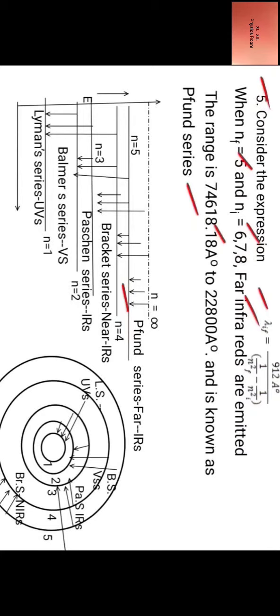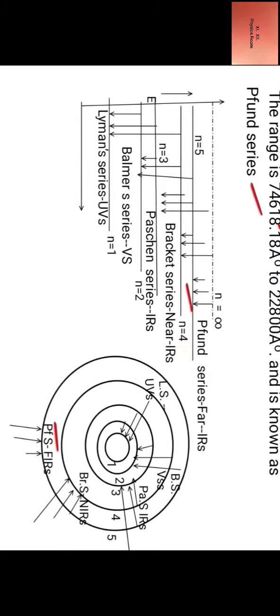Now the Lyman series is ultraviolet, the Balmer series is visible spectrum, the Paschen series is infrared, the Brackett series is near infrared, and the Pfund series is far infrared. So this is how we can explain the theory of the hydrogen spectrum.